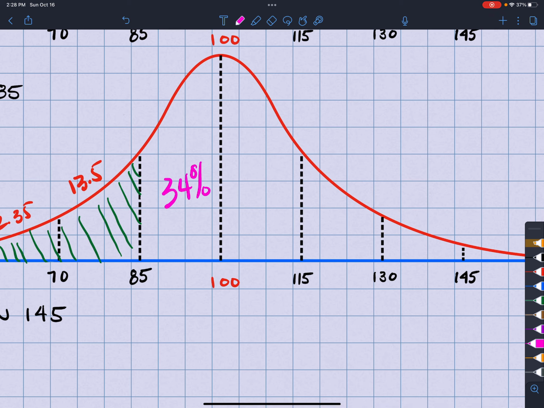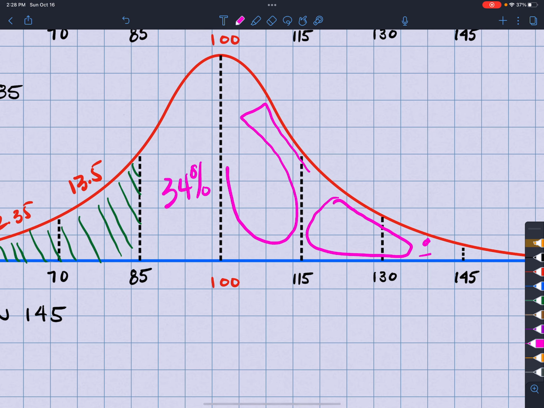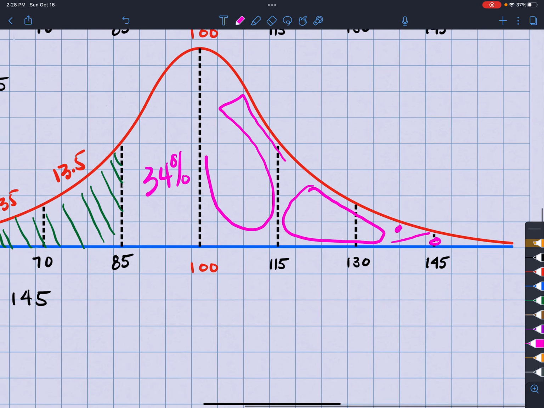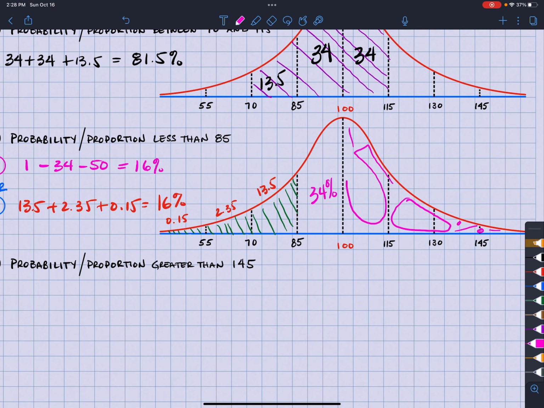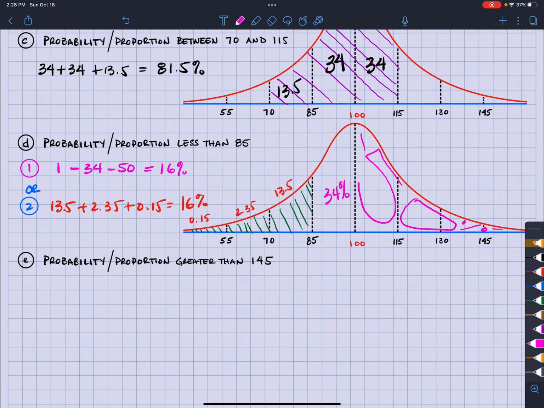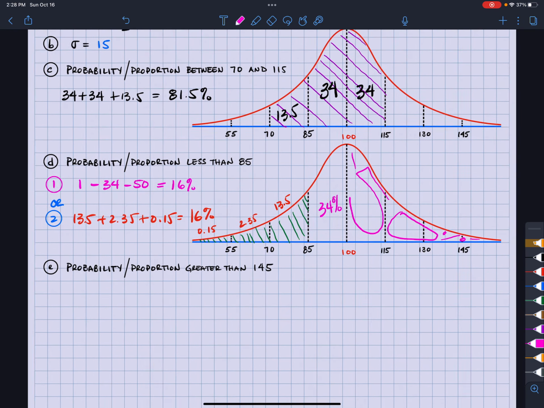So we know that this right here, that right there is 50%. Right? So there we go. That looks weird, but working. All right. Now this says greater than 145.